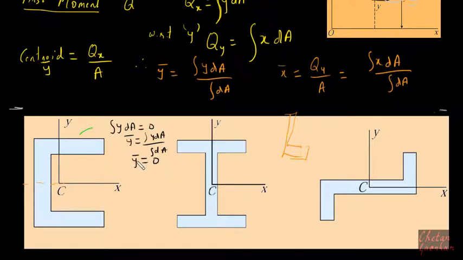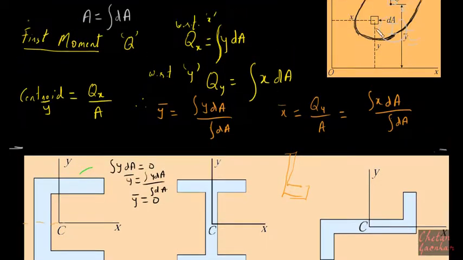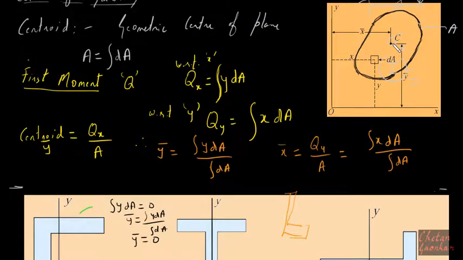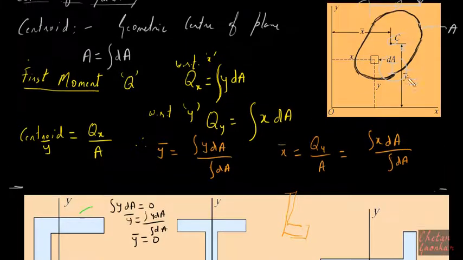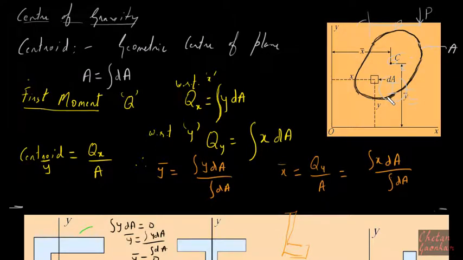What does this tell us? What is y bar again? Y bar is the distance of the centroid from the x-axis. So since y bar is 0, that means the centroid will lie on the x-axis itself. I'll repeat again: y bar is the distance of the centroid from the x-axis.